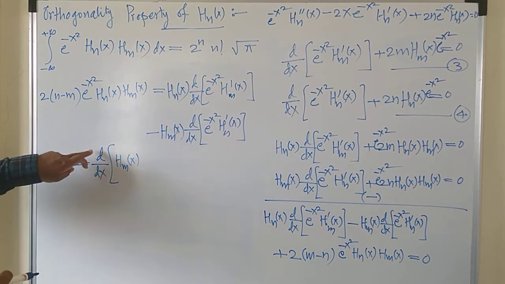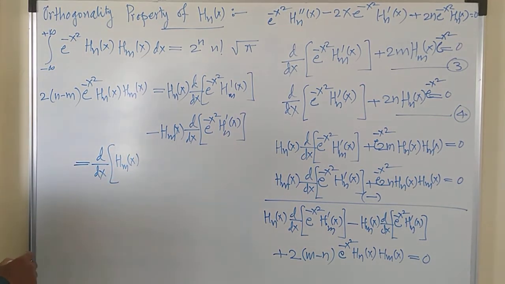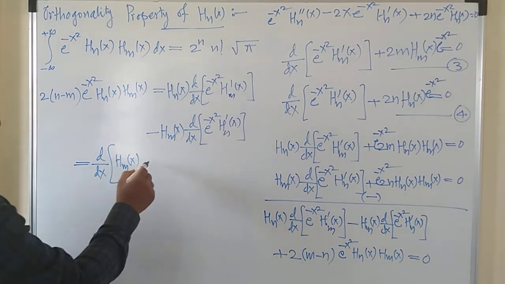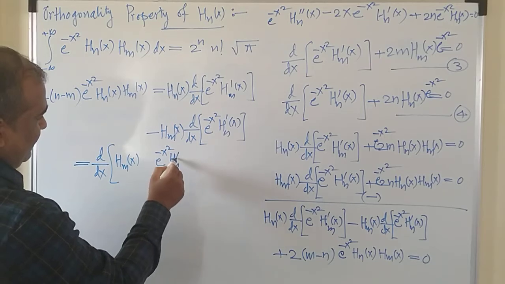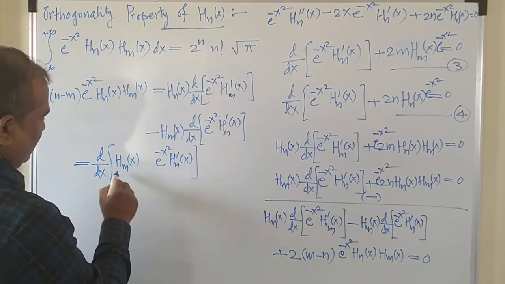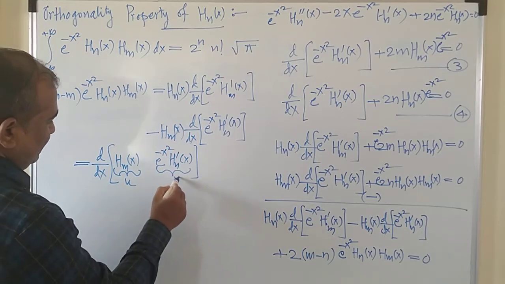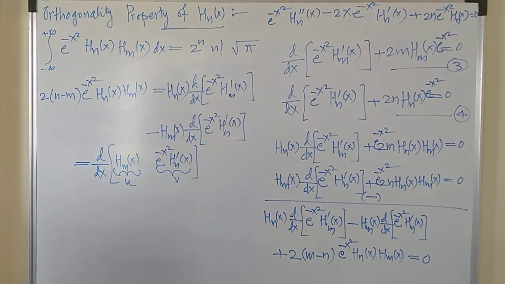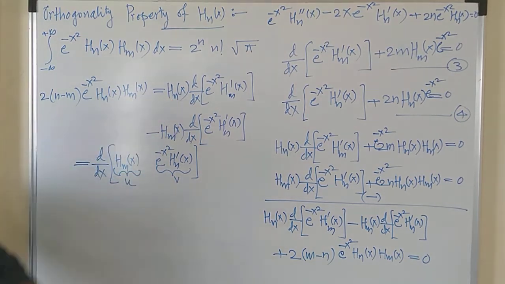This can be written as a differentiation of Hm of x, the first term, and the second term as e raised to minus x square into Hn dash of x. So this is treated as u, and this will be treated as v, right? So differentiation of two functions u and v for the first.